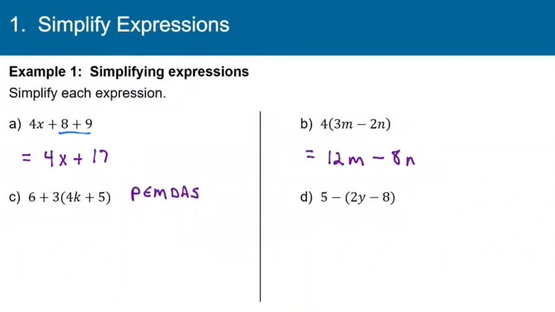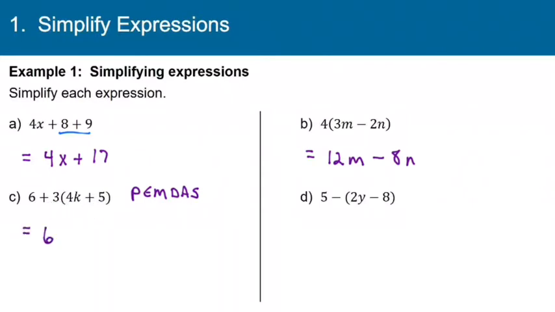Order of operations is always in effect. So 6 plus 3 would be an addition step. But remember, we have a multiplication step here that's going to take precedence over this addition. We have 6 plus 3 times this sum.